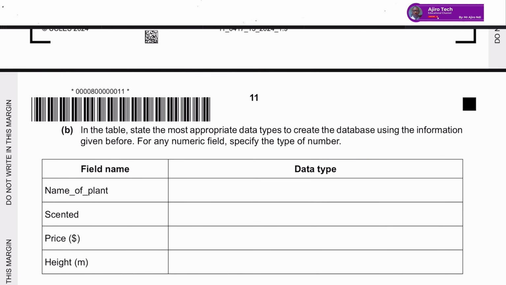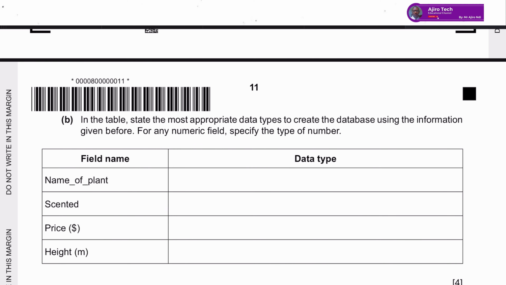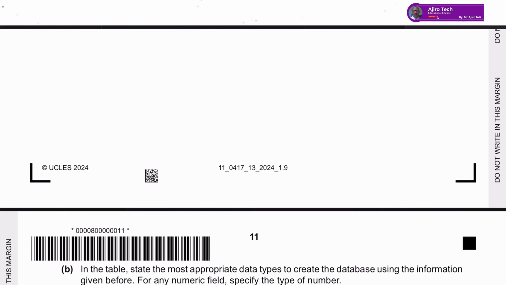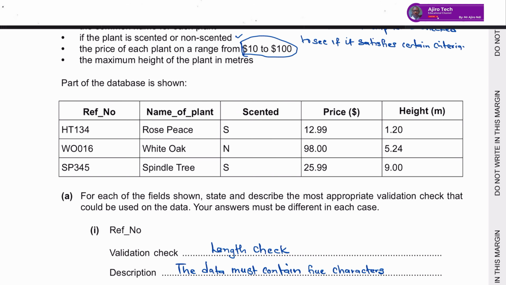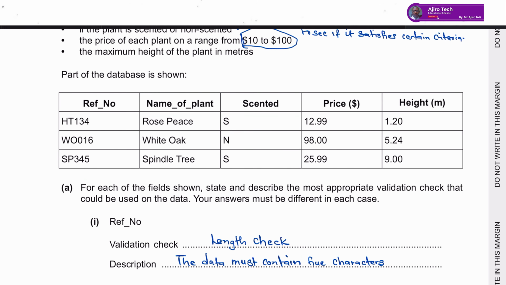Okay. In the table, state the most appropriate data type to create the database using the information given. Let's not forget, this is chapter 7, the systems life cycle.